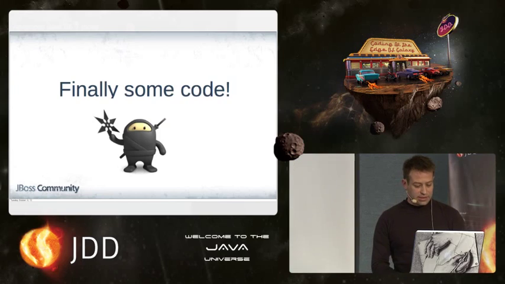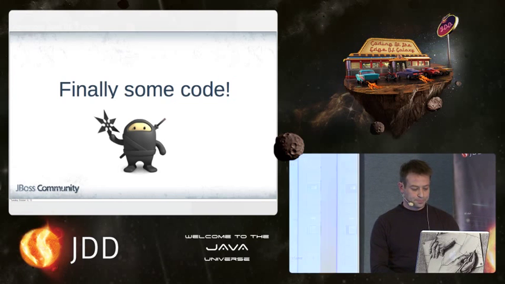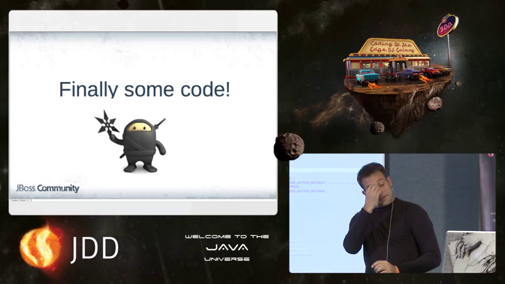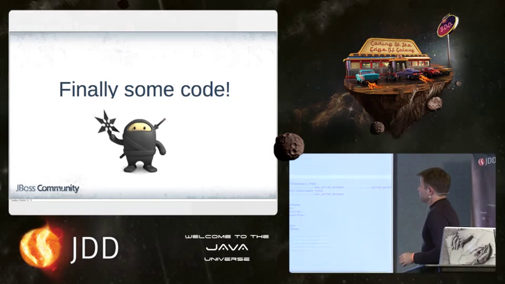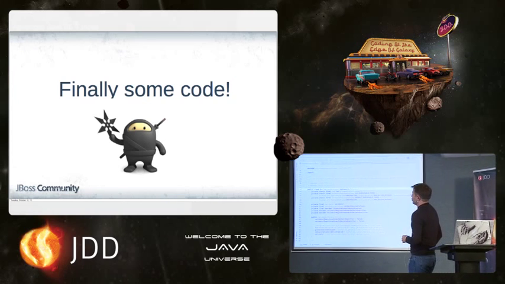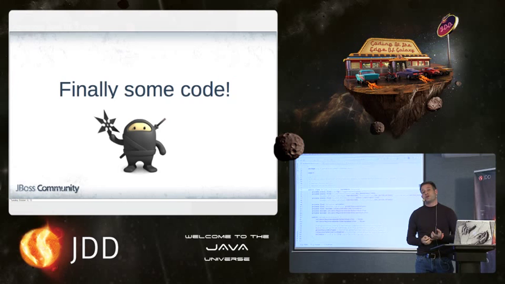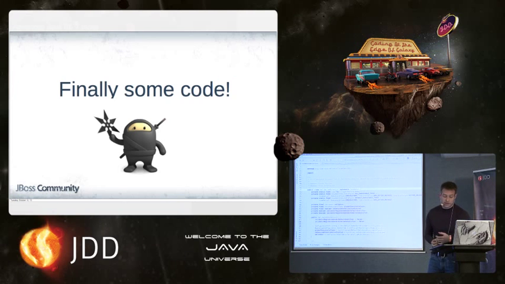Cool. Let's look at some code. What I'm going to show now is some code we are using in the actual platform, in GlassFish, the reference implementation of EE7, but also in WildFly, the JBoss application server, to integrate Bean Validation via CDI into the framework.